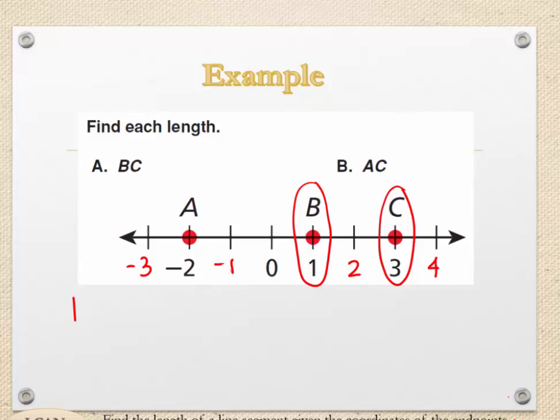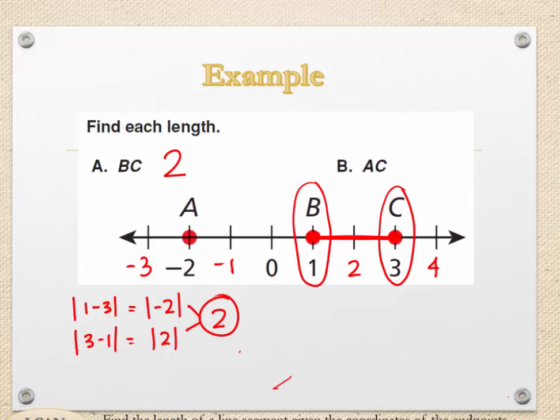As long as we take the absolute value, I could do 1 minus 3, or I could take 3 minus 1, because all we're trying to figure out is the distance between them. So 1 minus 3 would give me negative 2. This would give me positive 2. But because we're taking the absolute value, remember that they both give us a distance of 2. So the length of BC, if I was to draw a segment right here that went from here to here, it would be 2 units long.